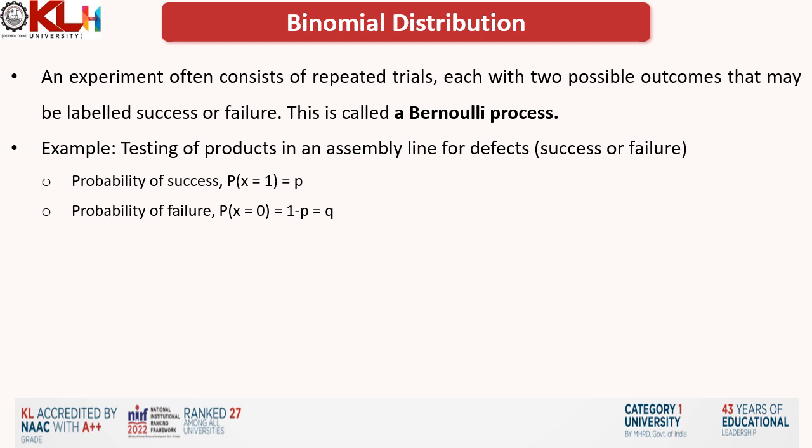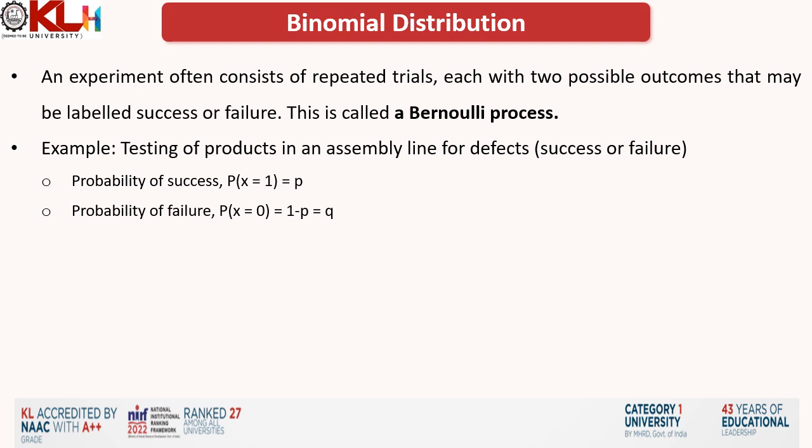An experiment many times consists of repeated trials, and each trial might have just two possible outcomes, such as success and failure. Such a type of experiment is generally called a Bernoulli process. For example, testing of products in an assembly line for defects.